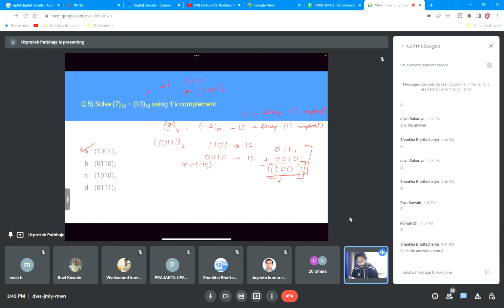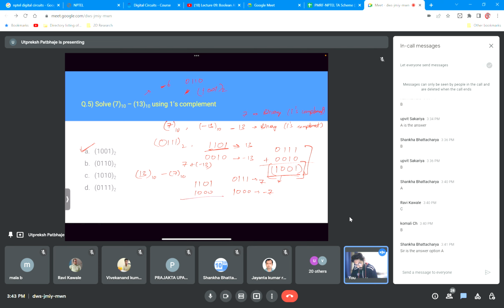Let's try to do the inverse problem of it. Let's try to solve 13 minus 7. This is also very straightforward. 13 we have already calculated, plus 13 is 1101. 7 is actually 0111 and minus 7 will be 1000. That will be minus 7.